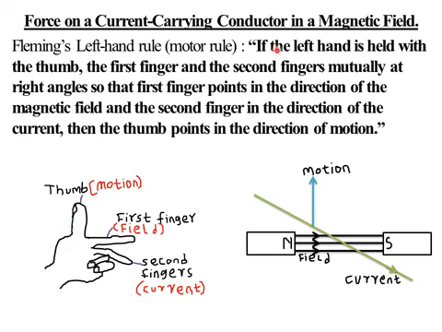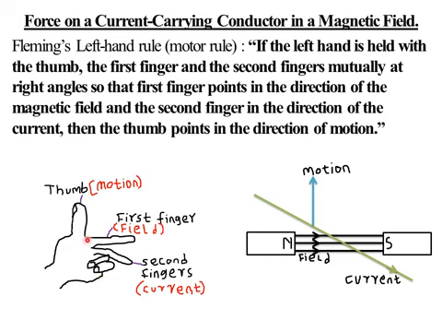So this particular rule is saying that if the left hand is held with the thumb perpendicular to the first finger and also perpendicular to the second finger. You hold your hand in this manner, thumb pointing upwards, first finger in this direction, then the second finger, in a normal situation, pointing towards this direction.